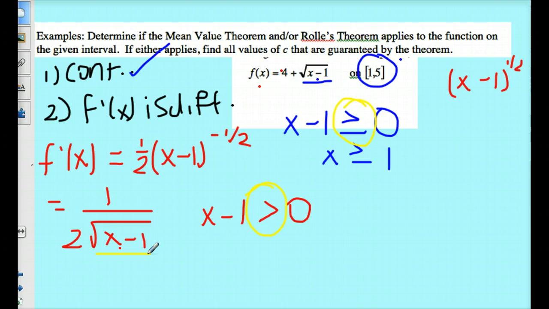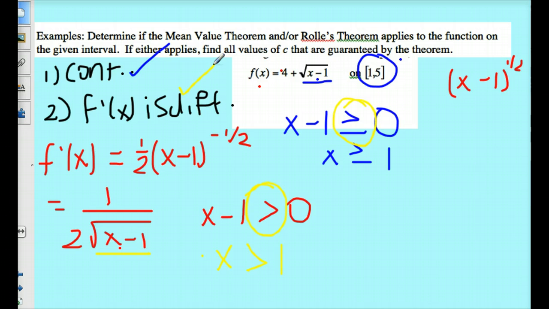So x has to be greater than 1. Our condition 2 says f of x is differentiable on the open interval (a, b), which means I can still use this because I'm greater than 1 but not equal to 1. So according to this, condition 2 has been met.